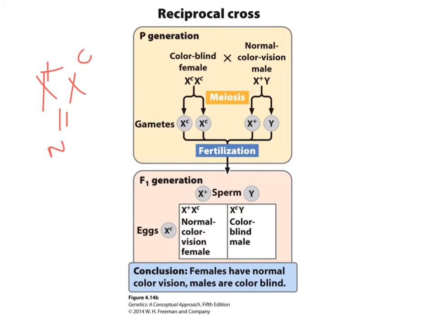Yeah, normal. Normal carrier. Carriers are those that look normal but have a mutant allele. Carriers must be heterozygous, always, by definition. So we see the male, he has normal vision. His Y, she can only give up a mutant, normal color vision female, heterozygous, colorblind male.